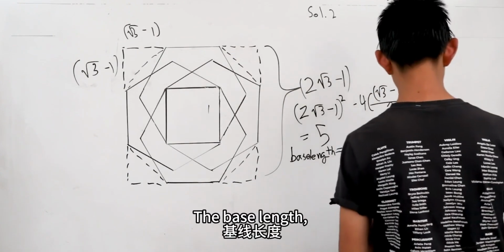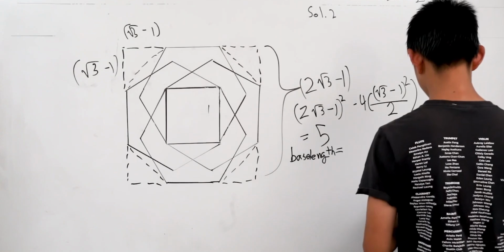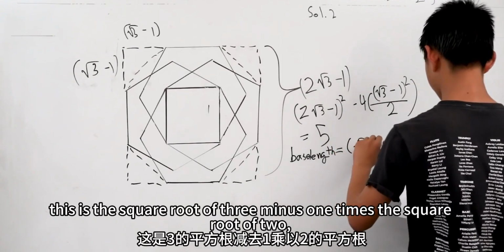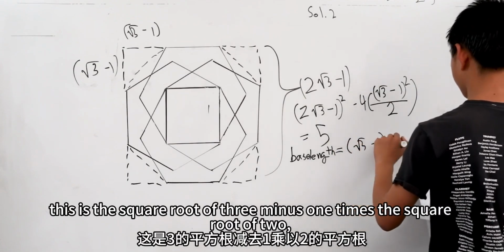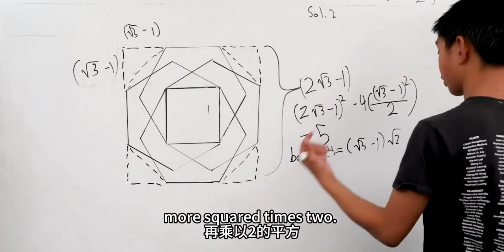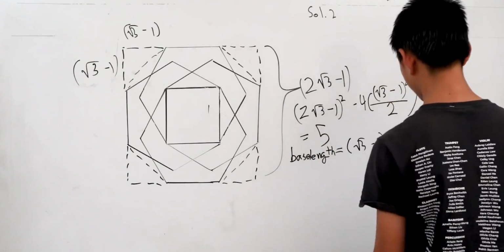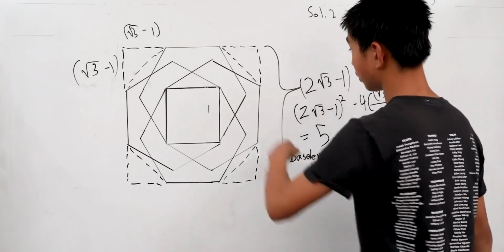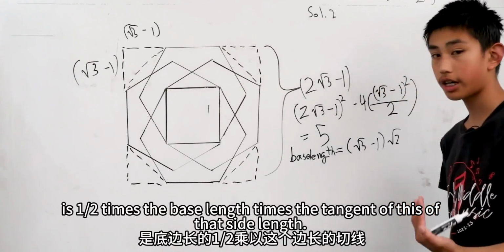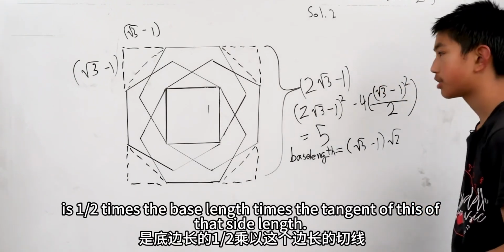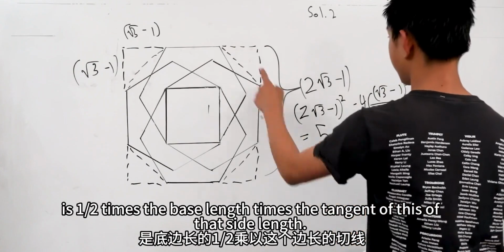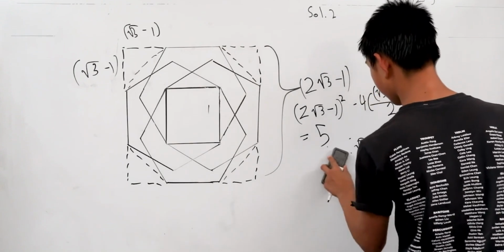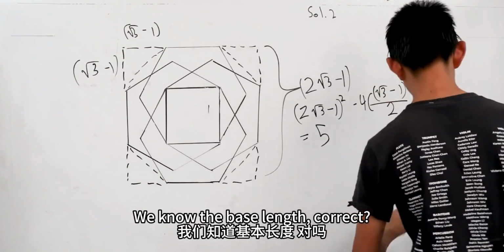So this is the square root of 3 minus 1 times the square root of 2. Okay. So we know that the area of a triangle in this case is 1/2 times the base length times the tangent of that side length. So we know the base length, correct?